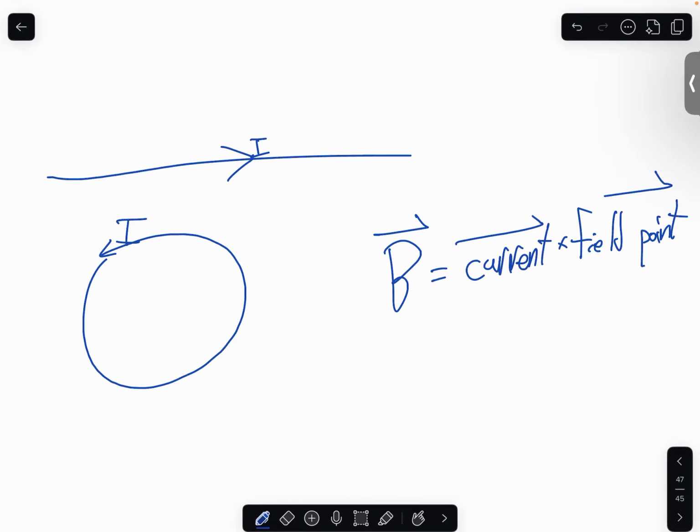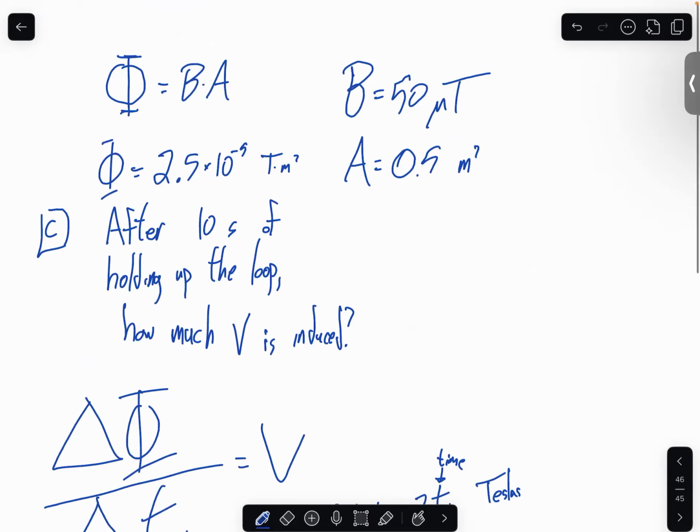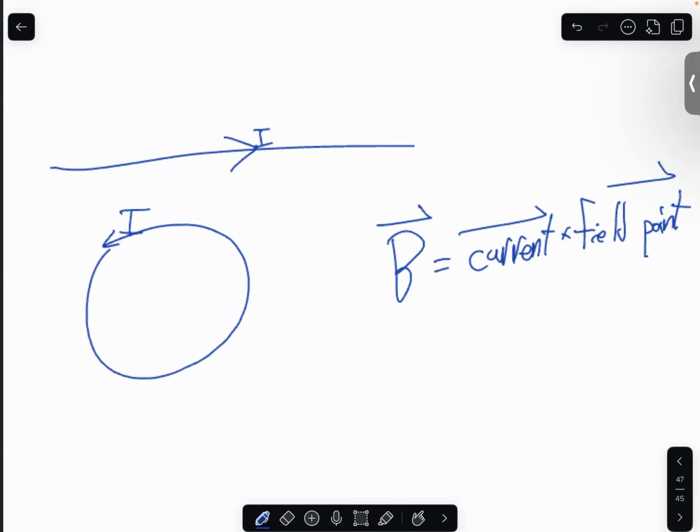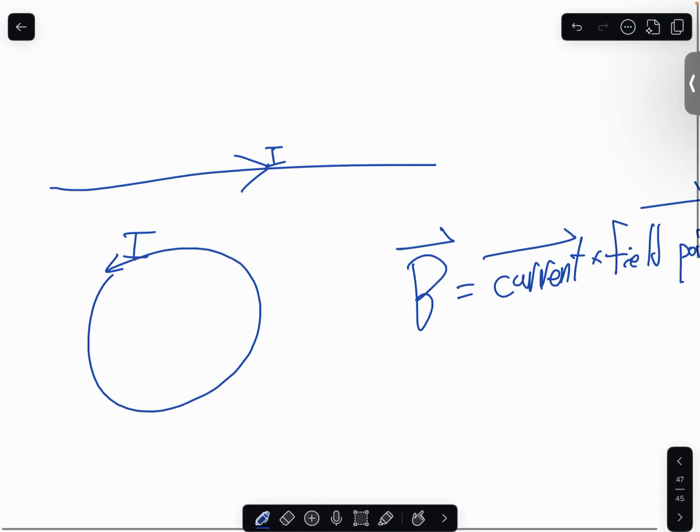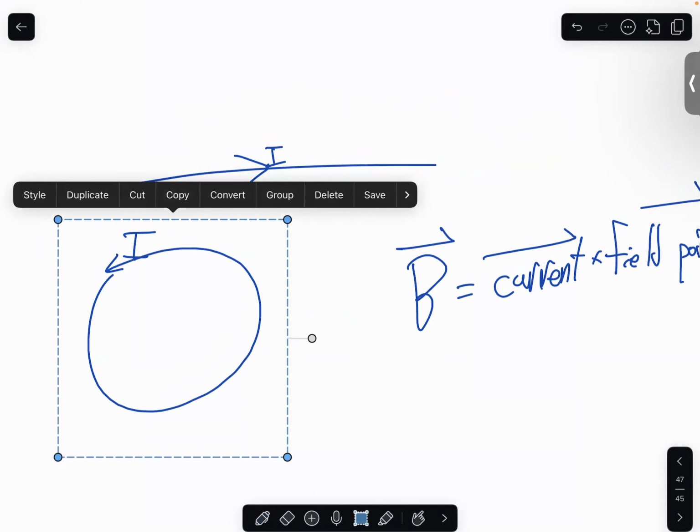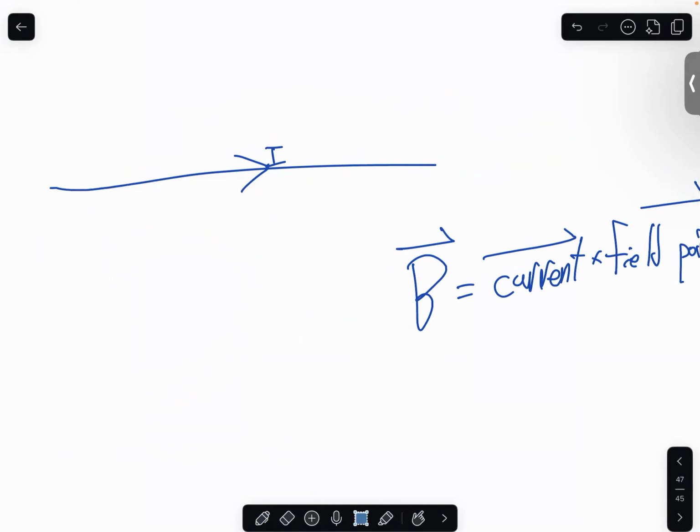The field point, I'll define this in half a second, second vector. That will give you the direction of the field at that location. Oh, and I have to define field point. Field point is the point where you're looking at the field. Muy importante, the field point is the direction from the current to where you care about the field.